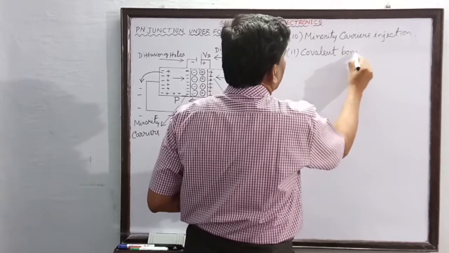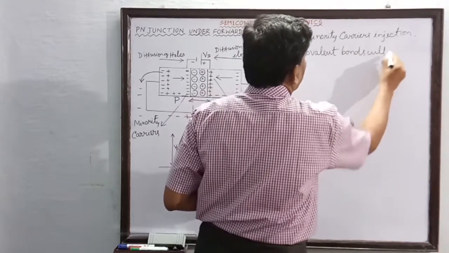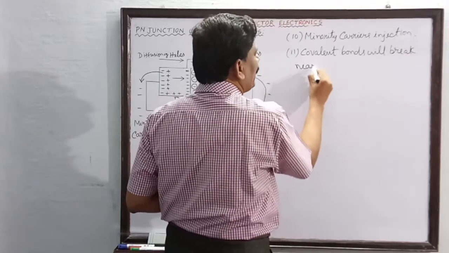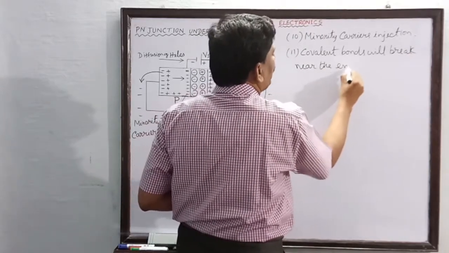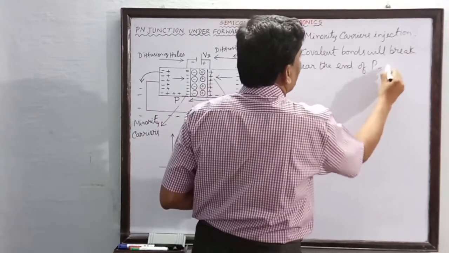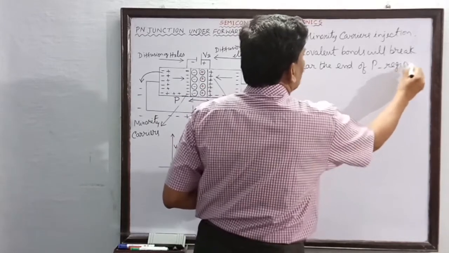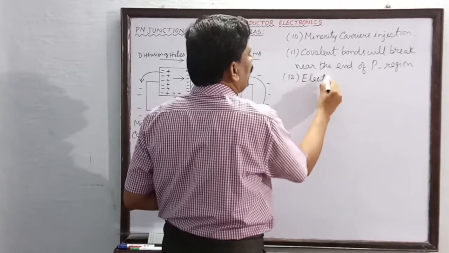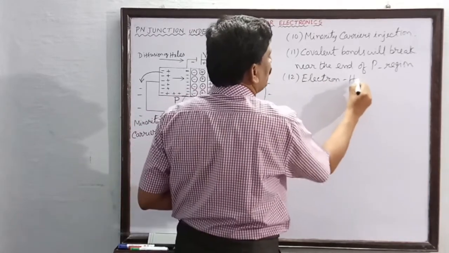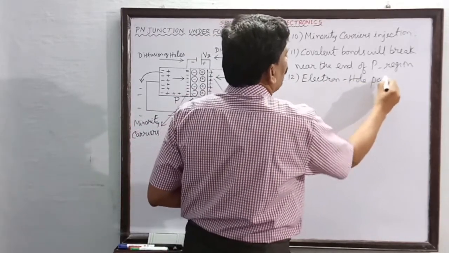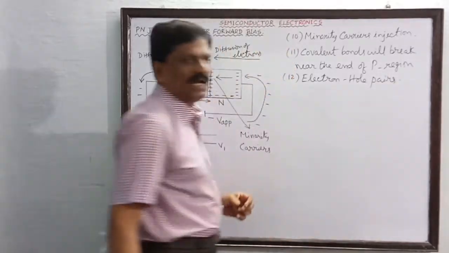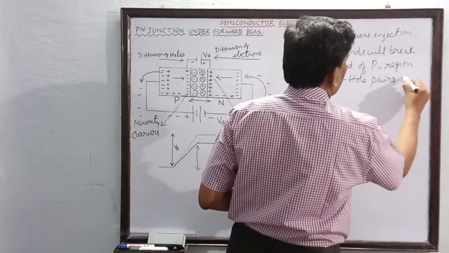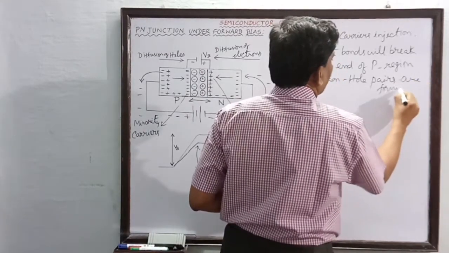So covalent bonds will break, preferably near the end of the P region, during which electron-hole pairs are formed.